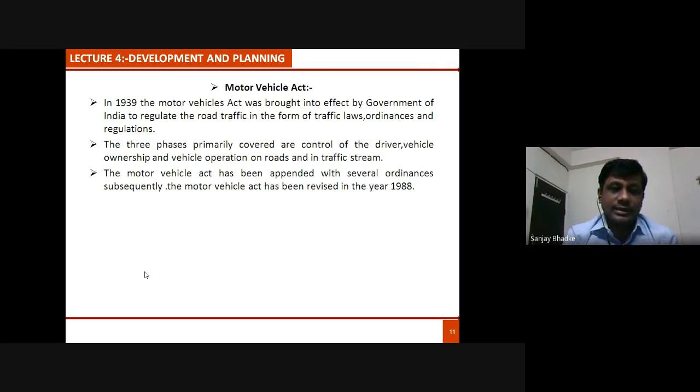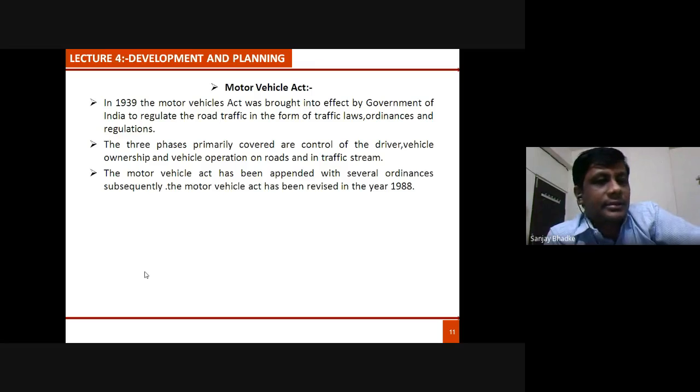Once there is the construction of roads, there is the Motor Vehicles Act, which started in 1939. The Motor Vehicle Act was brought into effect by the Government of India to regulate road traffic in the form of traffic laws, ordinances, and regulations.